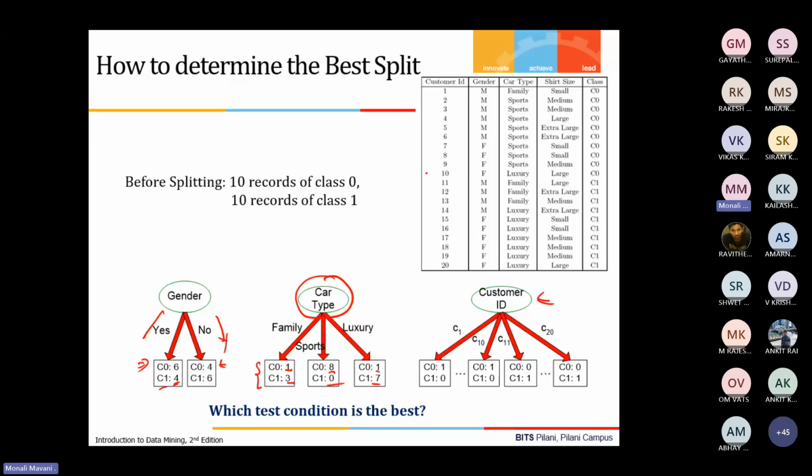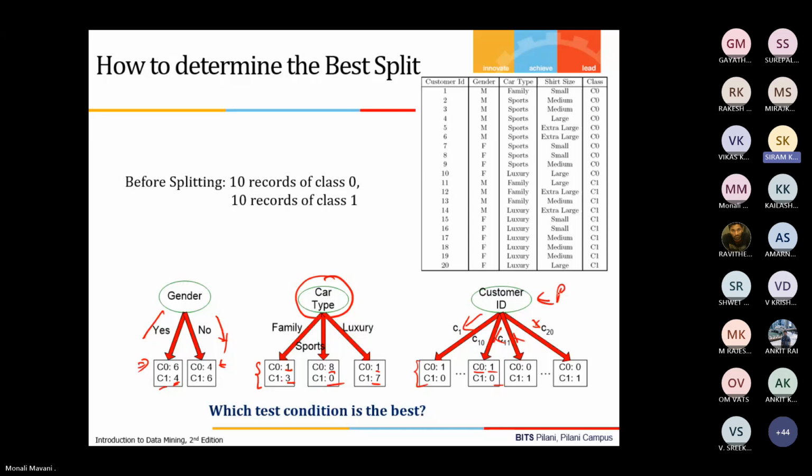Compared to customer ID, if I take that as my splitting attribute, all of my leaf nodes have only 1 class representation. Now, of these 3, which one is a purer node? I just explained what is pure. The first one, gender, or customer ID?